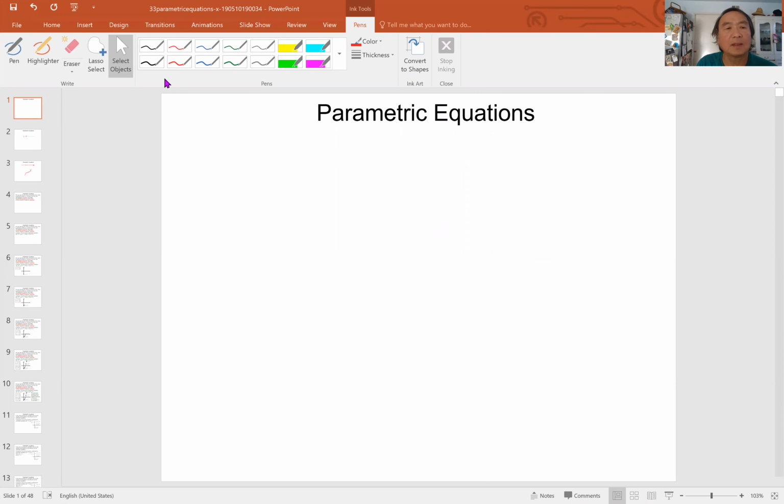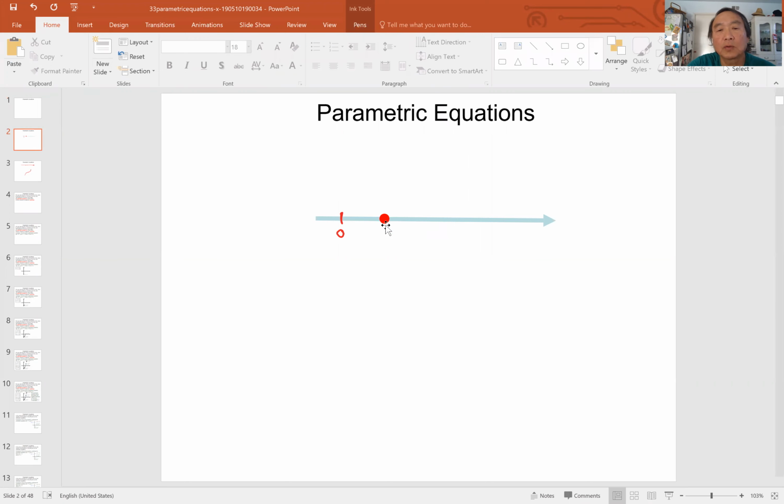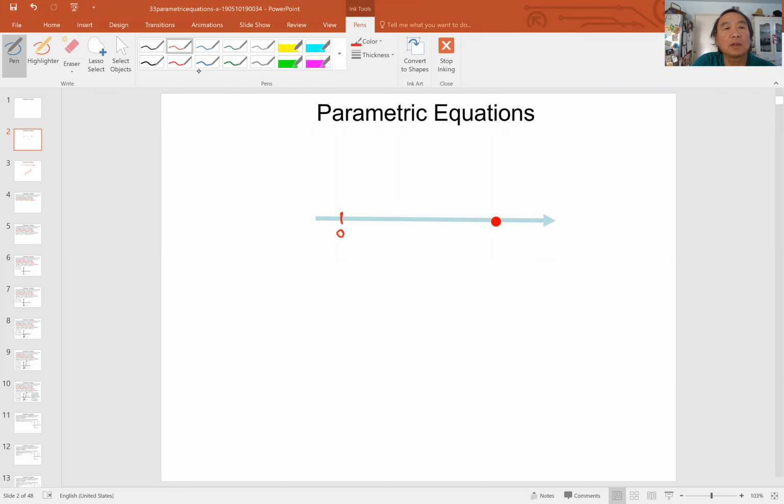Let's start out with a topic we had before, called linear motions. That is, if I have a point that's going back and forth on a straight line, we can describe the motion using a function's distance from 0, and we can call it x of t, and suppose this is the x axis.